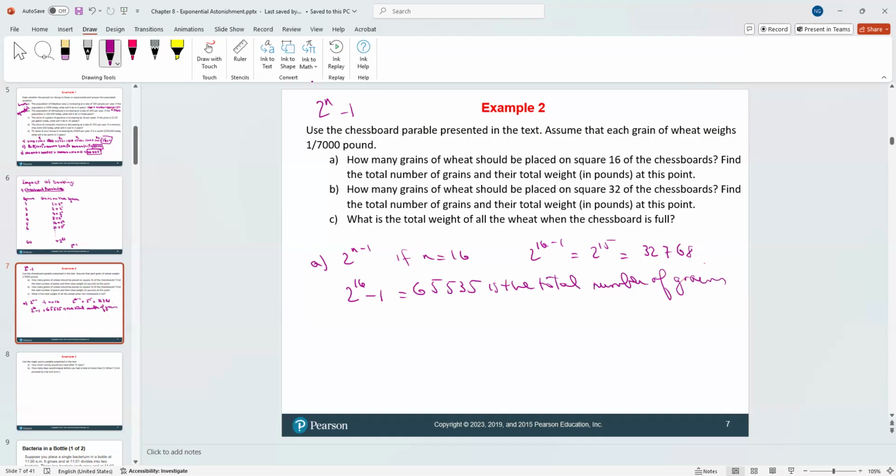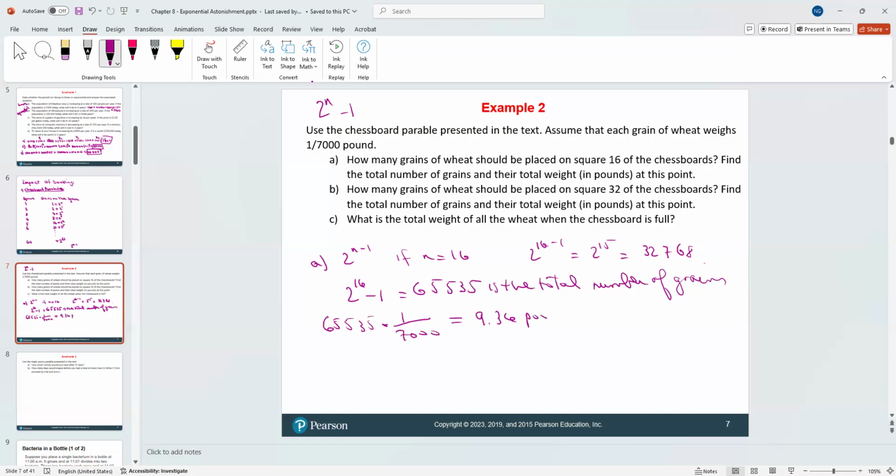And it would weigh, because we're talking about the weight. Remember, use a chessboard, assume that each grain weighs 1 over 7,000 pounds. So if you have this, how much is it gonna weigh? 65,535 times 1 over 7,000 pounds, of course.